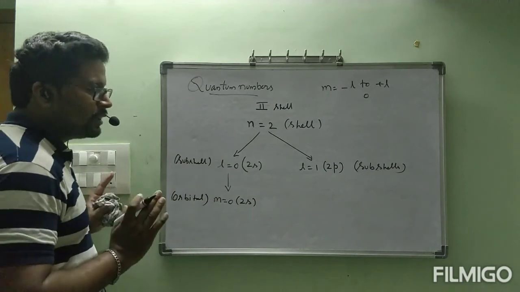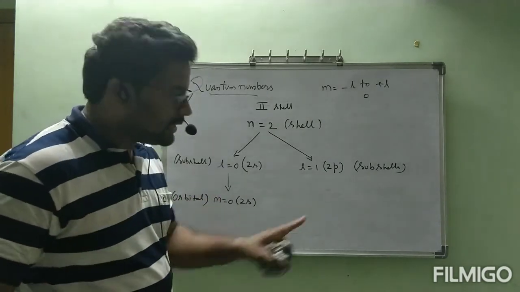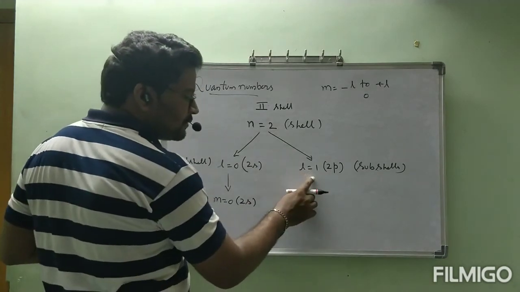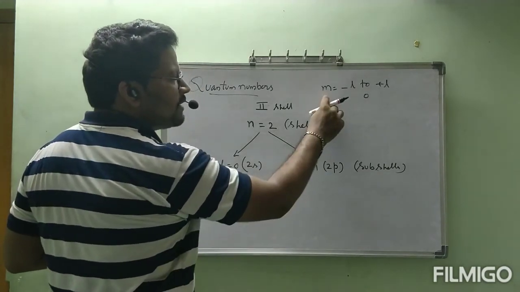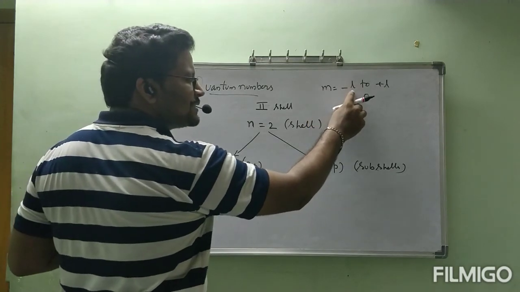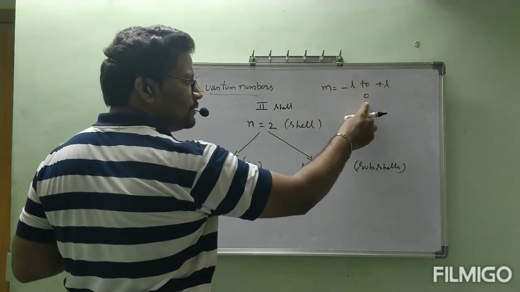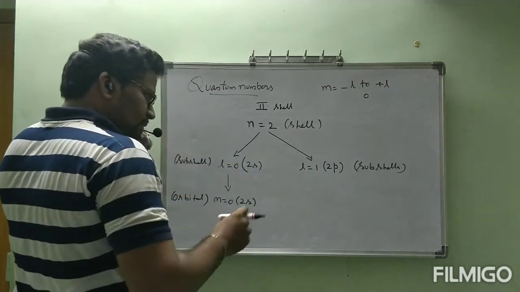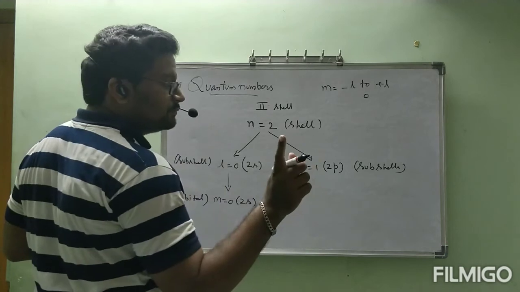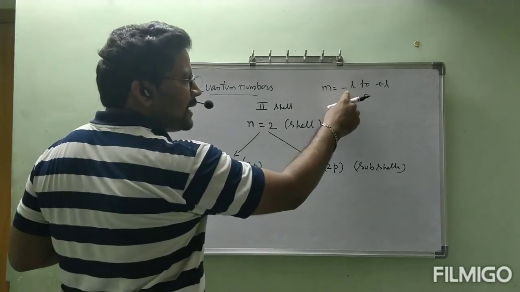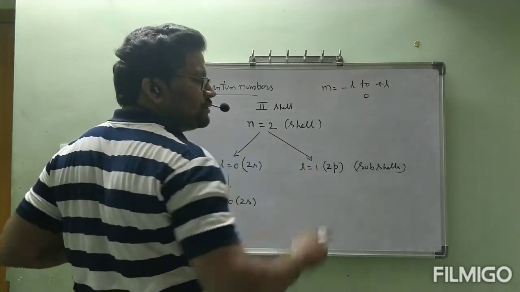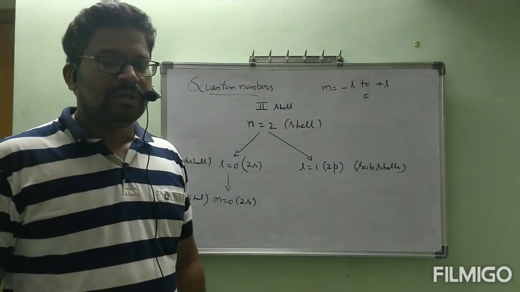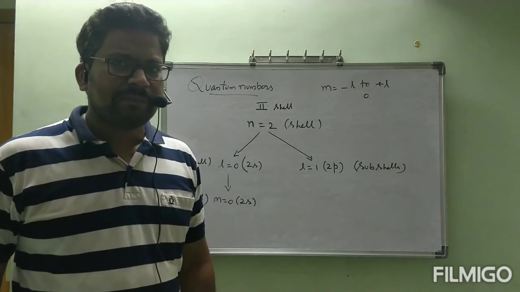Now you will get more clarity here. l is equal to 1. What are the m values? Minus l to plus l including 0. Here what is the l value? 1. So minus 1 to plus 1 including 0. How many are possible?